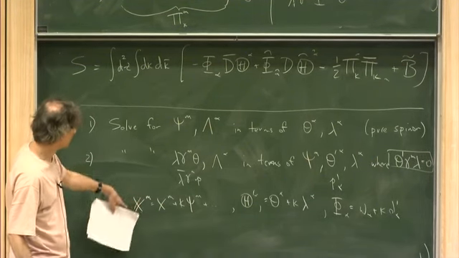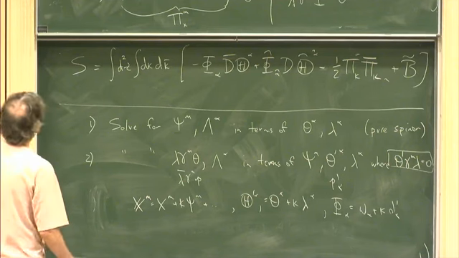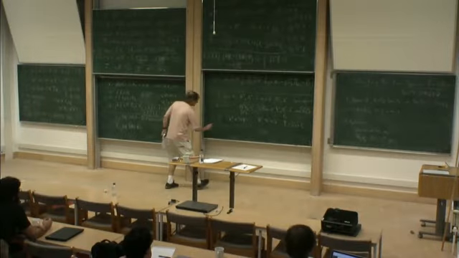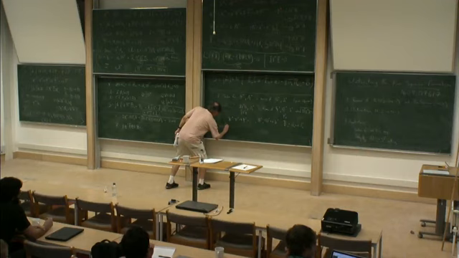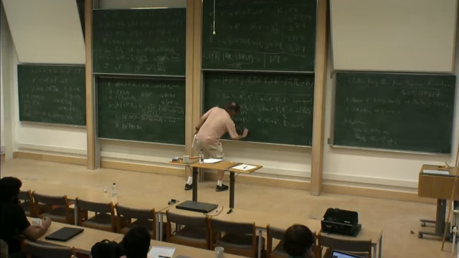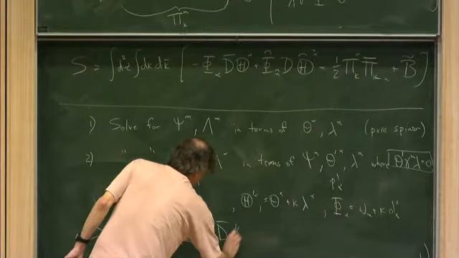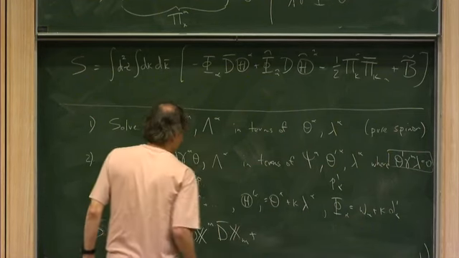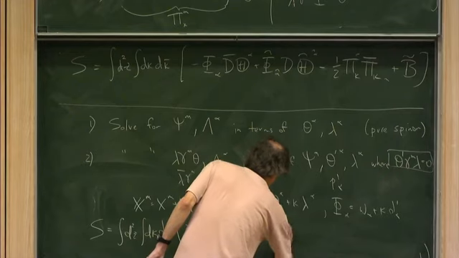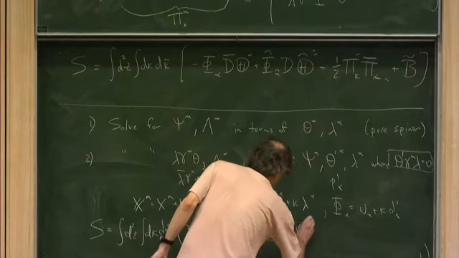Now, you can try to write the action in terms of these fields, and you'll find that the action looks very much like the RNS, but there's an extra sector. So S is now equal to... now the term is phi alpha e bar theta prime alpha.